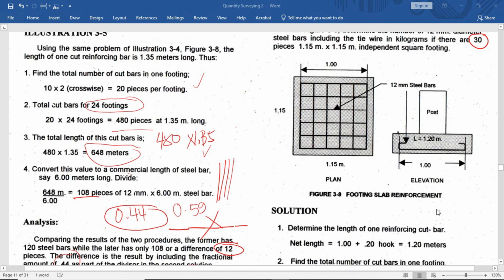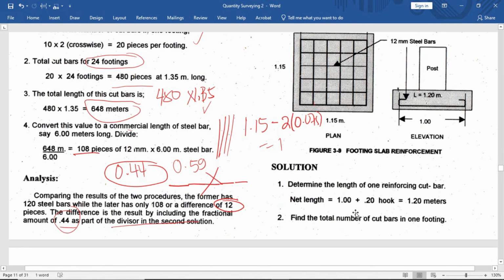Net length is 1 meter. Nakuha yung 1 meter sa 1.15 minus 2 times 0.075. Kung saan nakuha yung 1 meter. So, lalabas 1 meter. So, net length is equal to 1 meter.